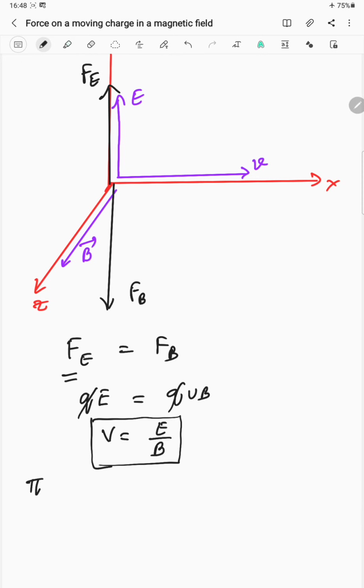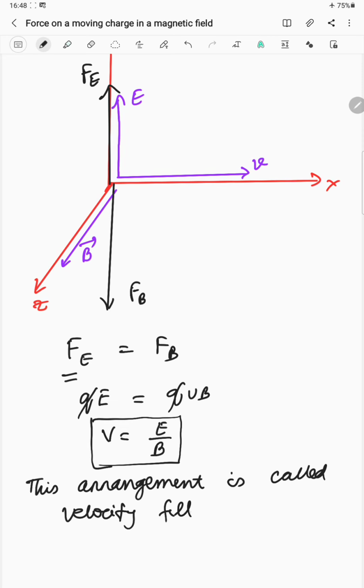Write, this arrangement is called a velocity filter or velocity selector.